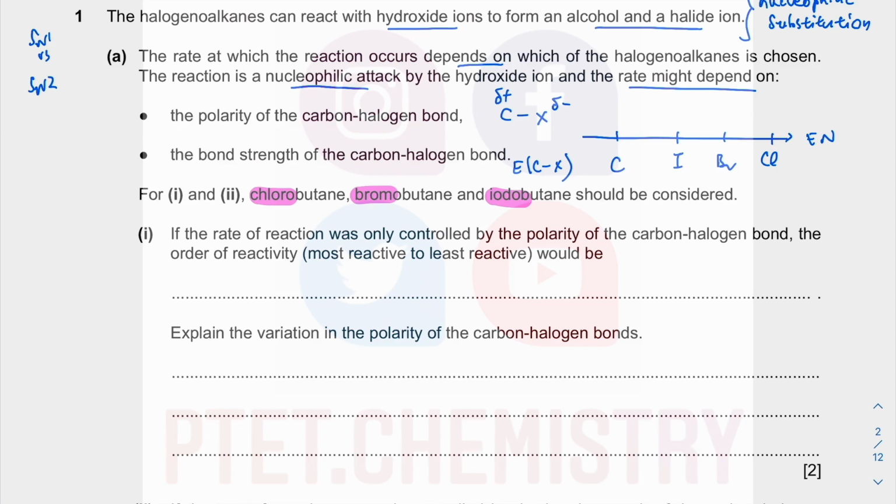Now, in the first question, they say if the rate of reaction was only controlled by polarity, which should be most reactive? If this is the only factor, then the more delta negative the halogen atom is, the more delta positive the carbon will be, and this will attract the hydroxide, because you have an attack by hydroxide.